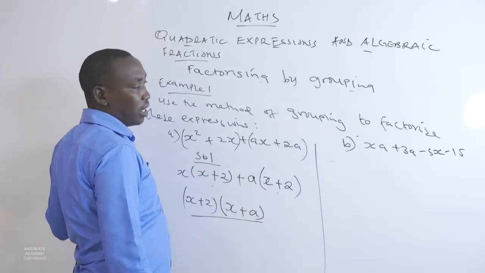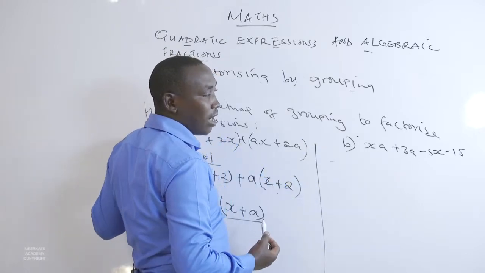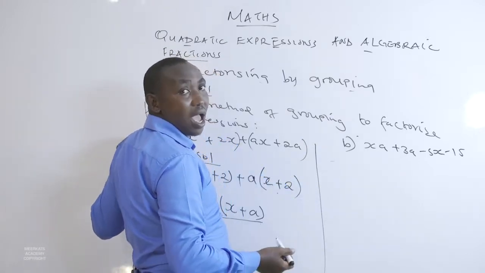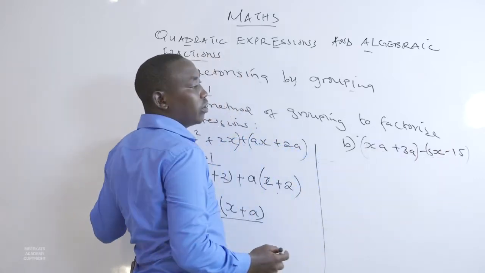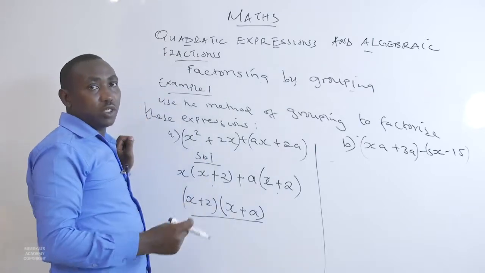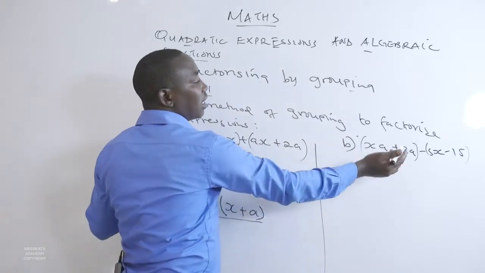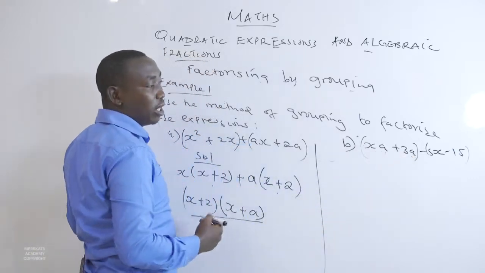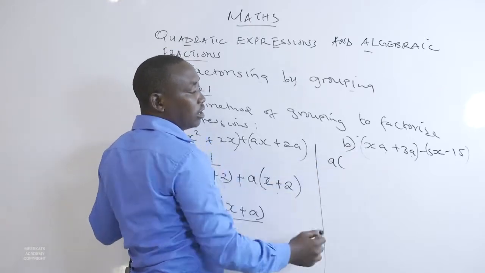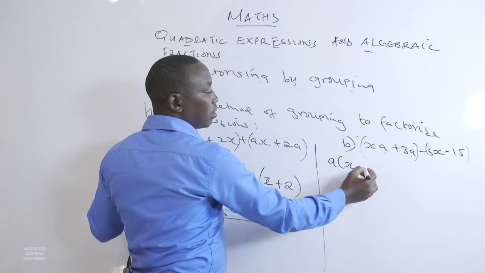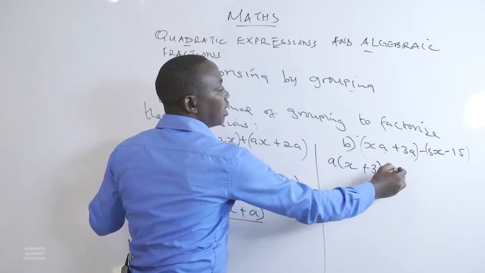For part B, we are given xa plus 3a minus 5x minus 15. Again, we can comfortably pair them into pairs of 2, since each of the two brackets is going to have its own common factor. In the first case, you can see that a is common, so we factor out a. So this will be a into a goes into xa x times, plus a goes into 3a 3 times.